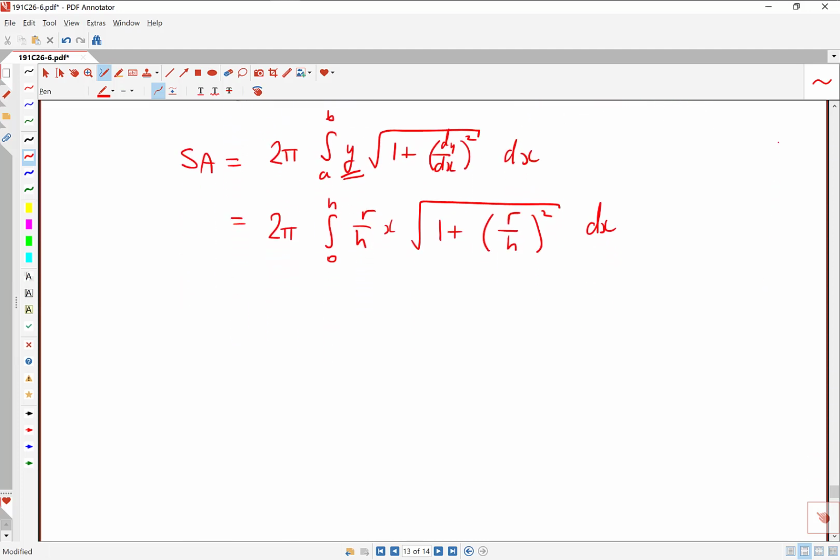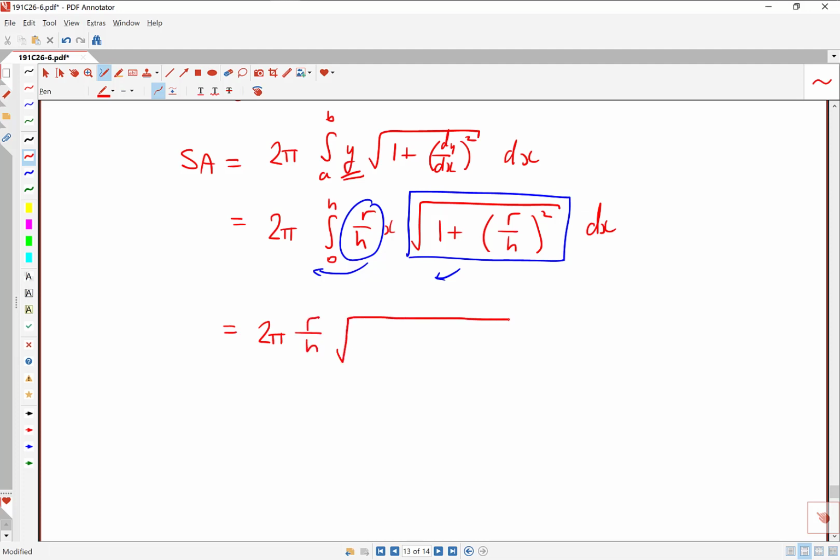Okay, so I will admit that this looks a little scary, but the idea is that almost everything in here is a constant. The r over h is a constant, so that's just going to come out in front. The square root, actually, everything under the root is just a constant, so that just comes out in front. So let's do that. 2 pi r over h times a certain square root.